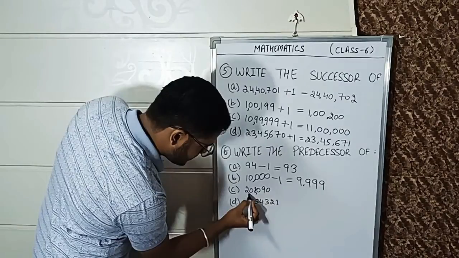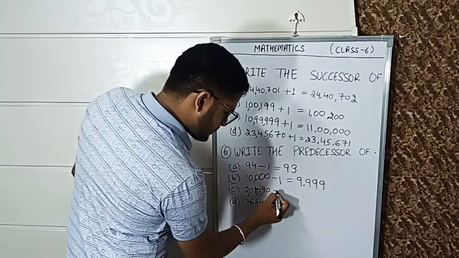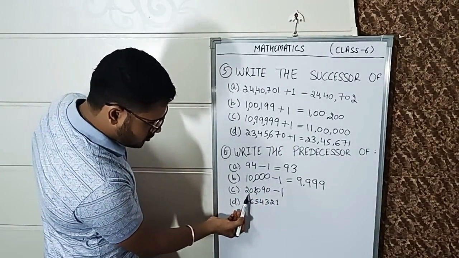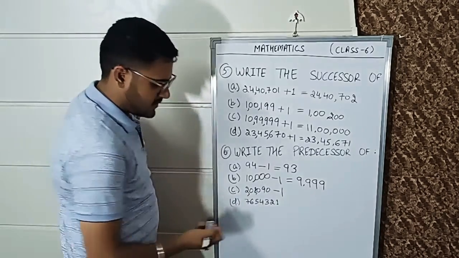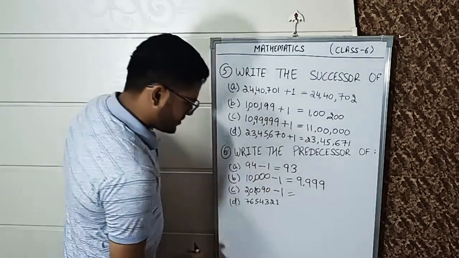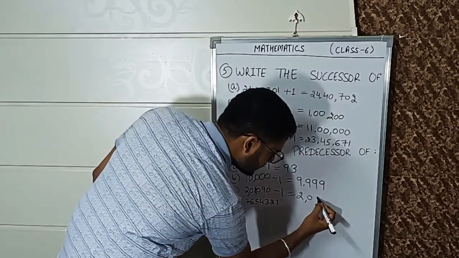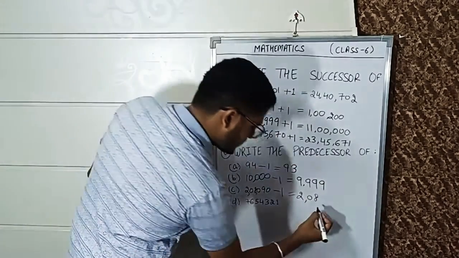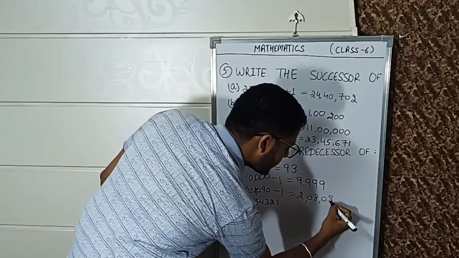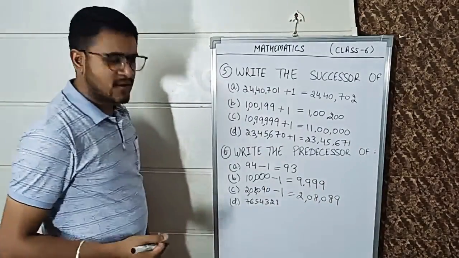Next example, 2,08,090 minus 1 we get 2,08,089.